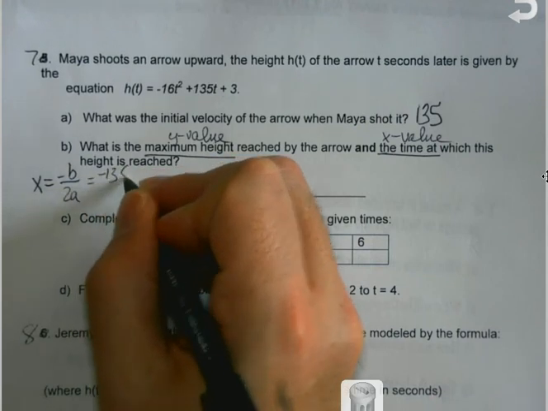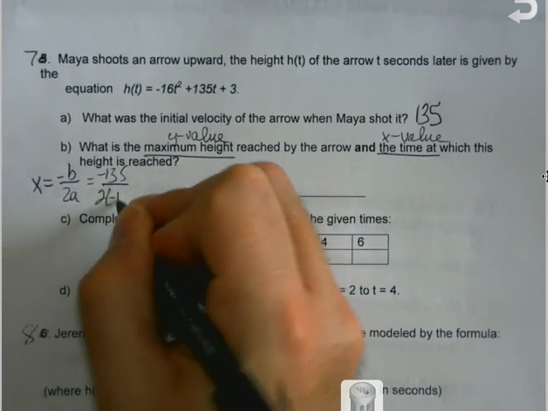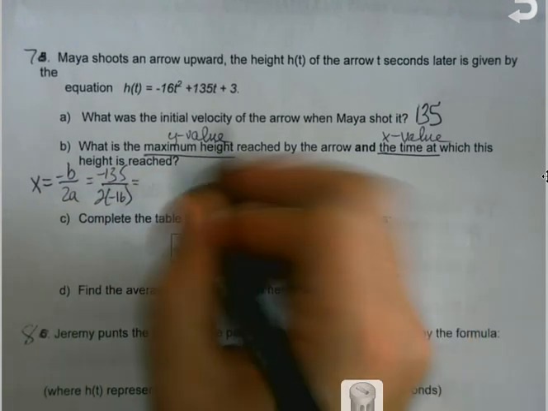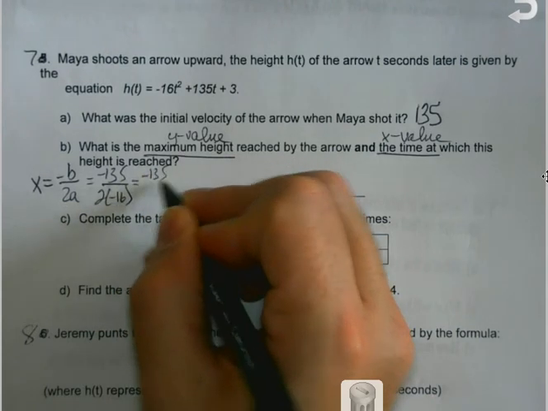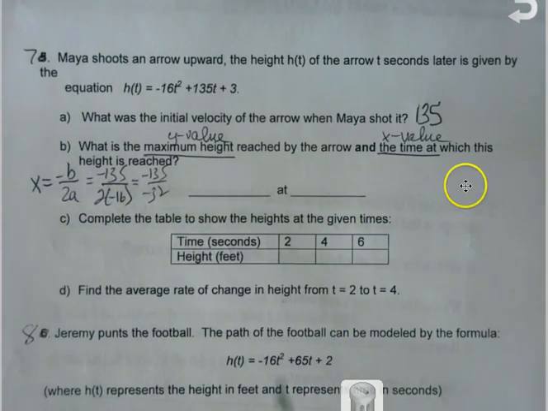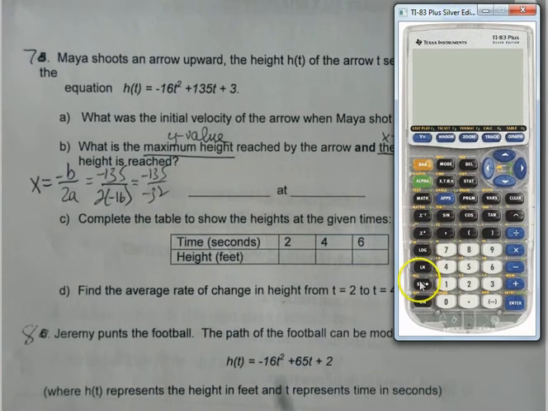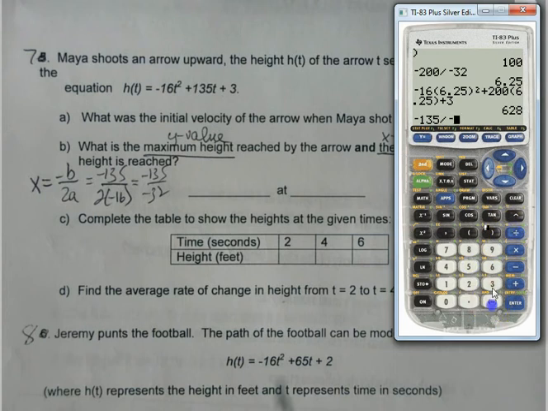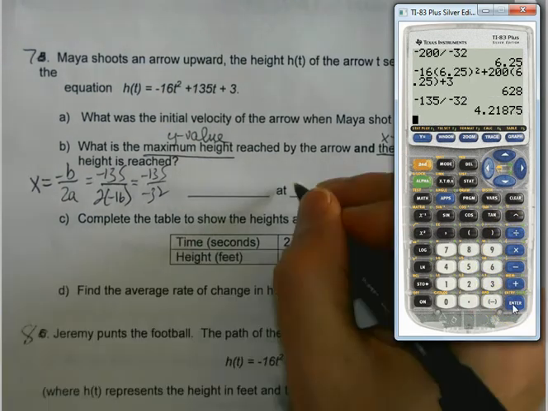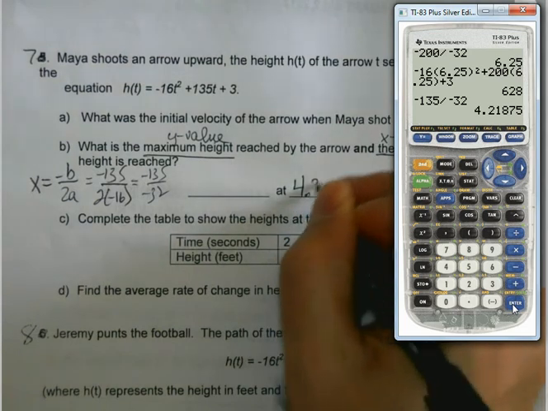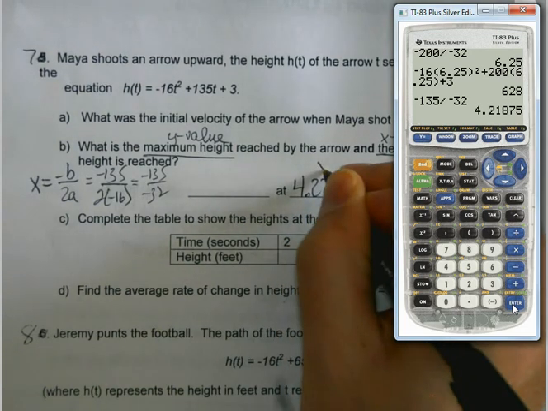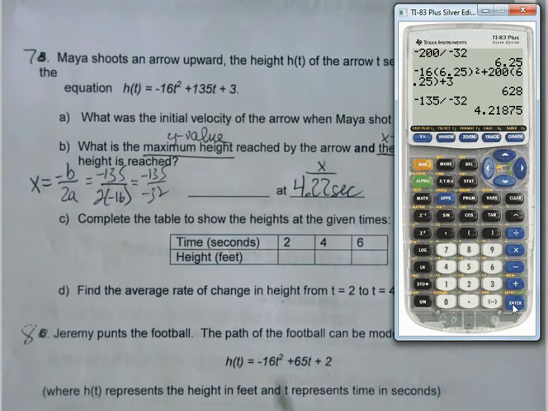Negative b over 2a. So let's see. Negative 135 over negative 32. I think we're going into decimal land here again. Negative 135 divided by negative 32. Okay, so it took about 4.22 seconds for this to happen.